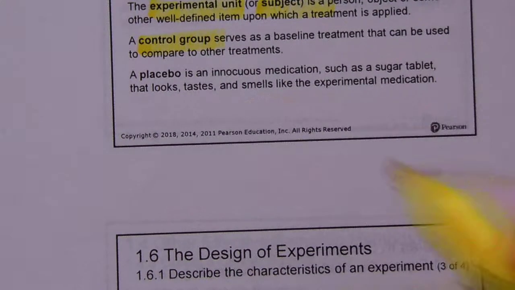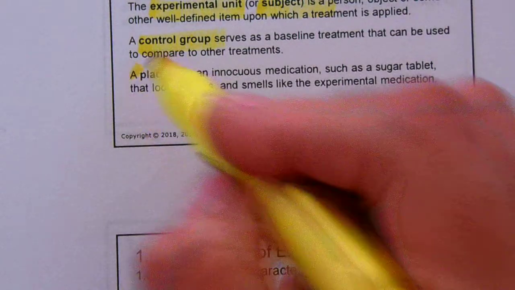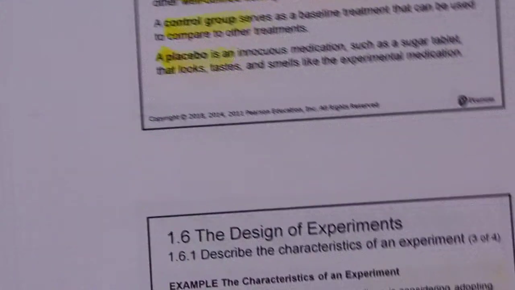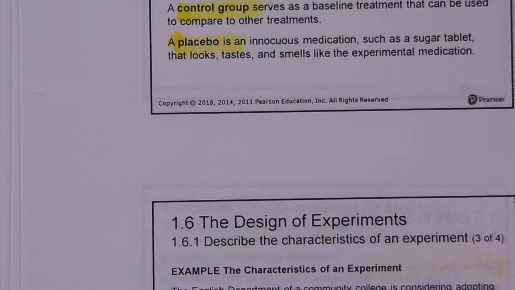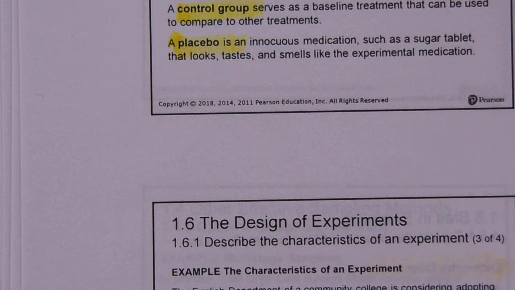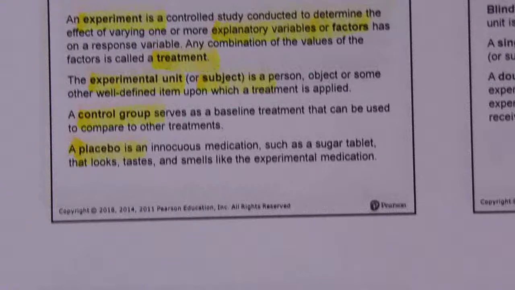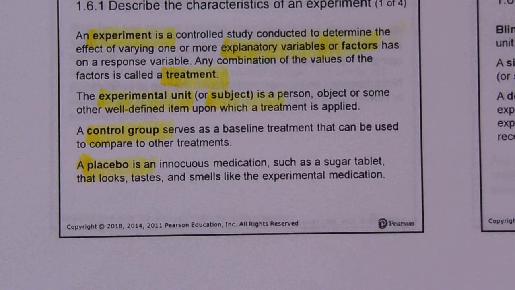All right, a placebo is an innocuous medication such as a sugar tablet that looks and tastes the same as the experimental medication. So we talked about the other day, if we wanted to test something like Tylenol, we could take a group of people that all have a headache and put them into two groups randomly.